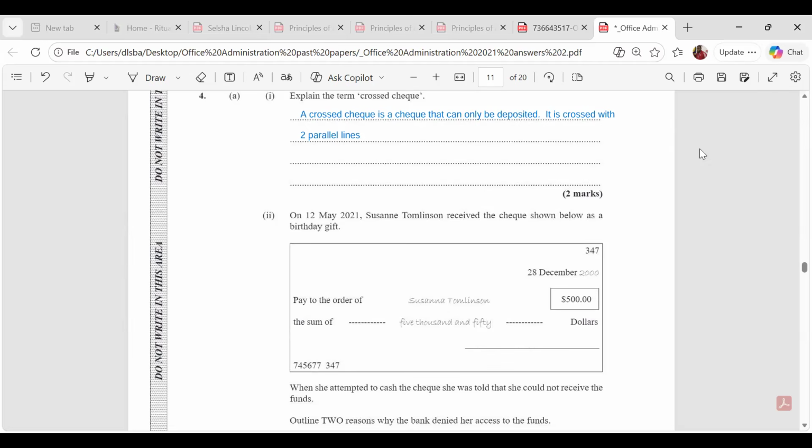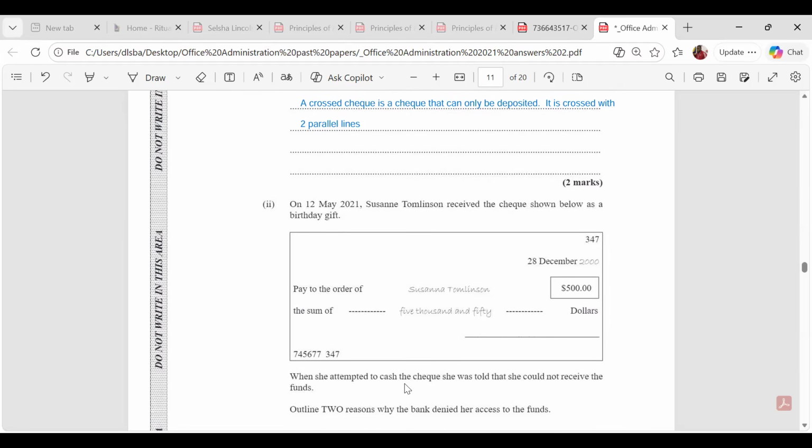Look at the date. December 28, 2000. It's back to front. No, but this was given on the 21st of May 2021. It's outdated. Right. So the numbers at the bottom, no, that is okay.